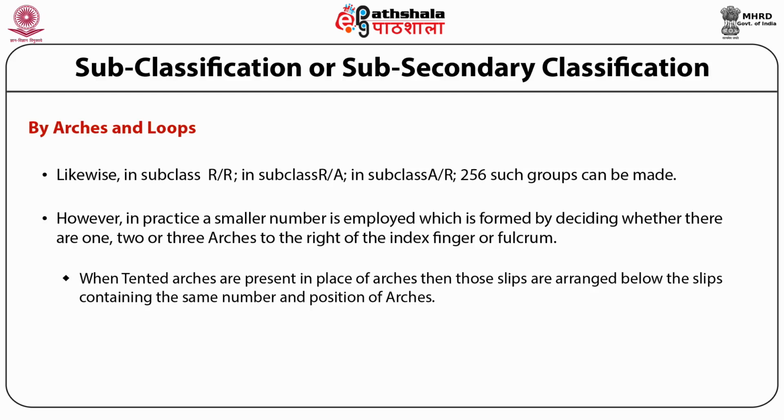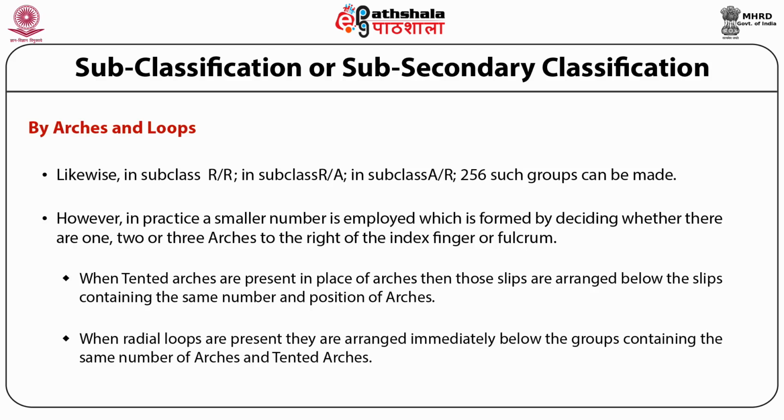When radial loops are present, they are arranged immediately below the groups containing the same number of arches and tented arches. Thus, small a, capital A, 2R would be arranged below small a, capital A, 2 small t, which is lying below small a, capital A, 2 small a.